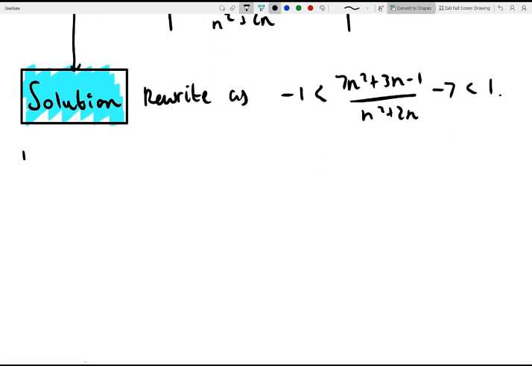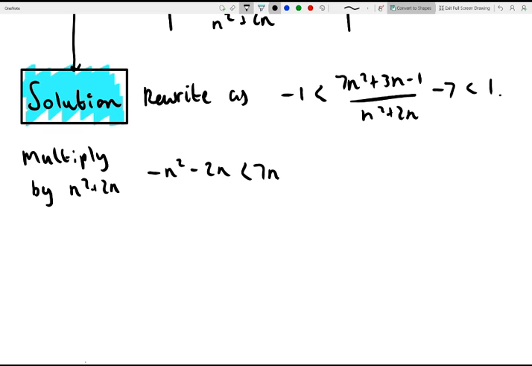And then multiply by n squared plus 2n, because it's our denominator here. So we're going to have minus n squared minus 2n is less than 7n squared plus 3n minus 1 minus 7 times n squared plus 2n is less than n squared plus 2n.